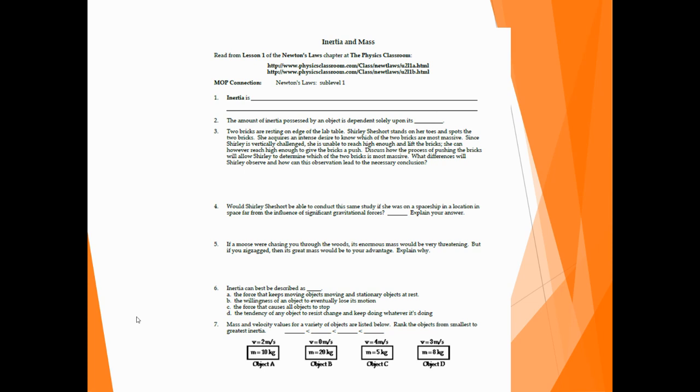So number 5, if a moose were chasing you through the woods, its enormous mass would be very threatening. But if you zigzagged, then its great mass would be to your advantage. Explain why. The large mass object, the moose, has a lot of difficulty changing its state of motion. And this is due to its inertia.